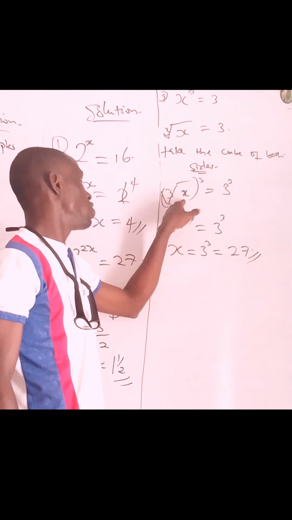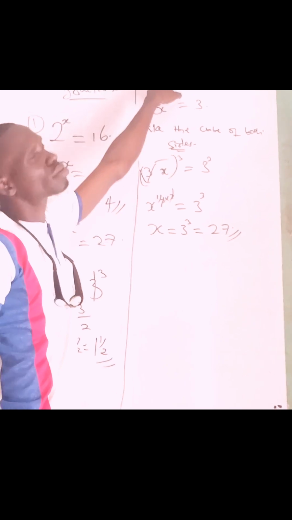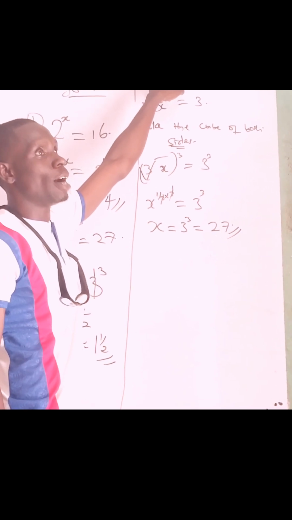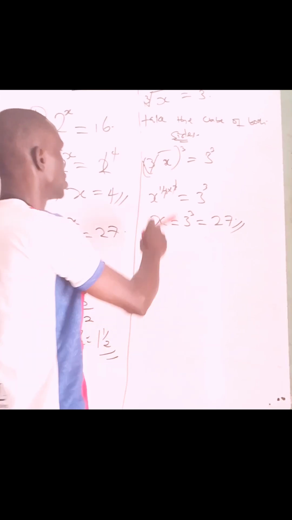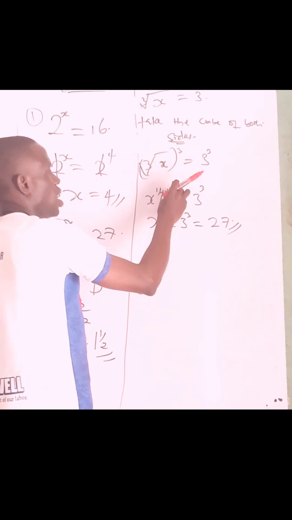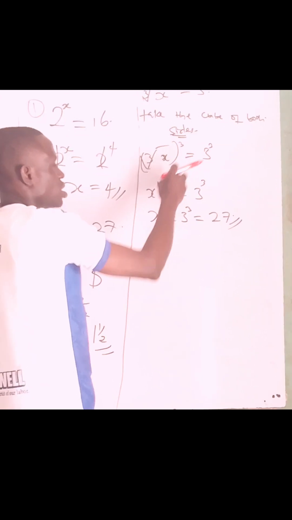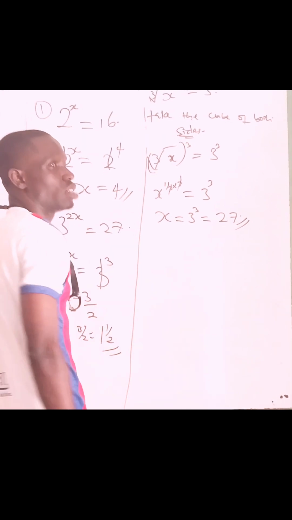Using the law of fractional index, the cube root of x becomes x raised to power 1 over 3, as we did here. Then the 3 is still there, we multiply with the 3. So the 3 cancels the 3, then you have only x. So you have 3 cubed and your answer is 27.